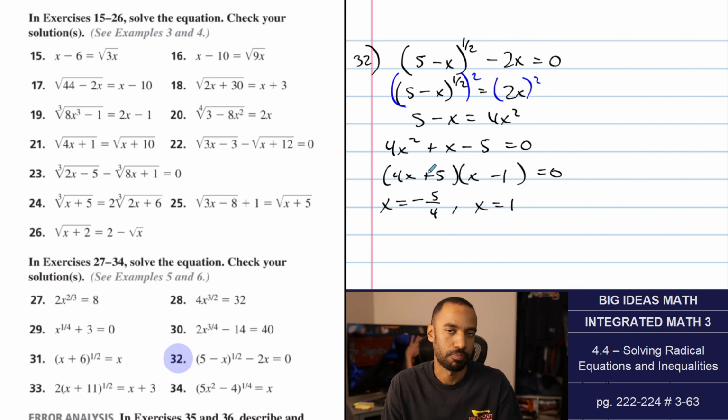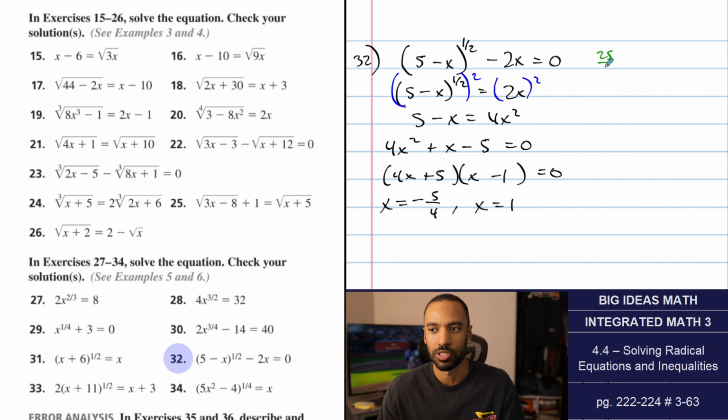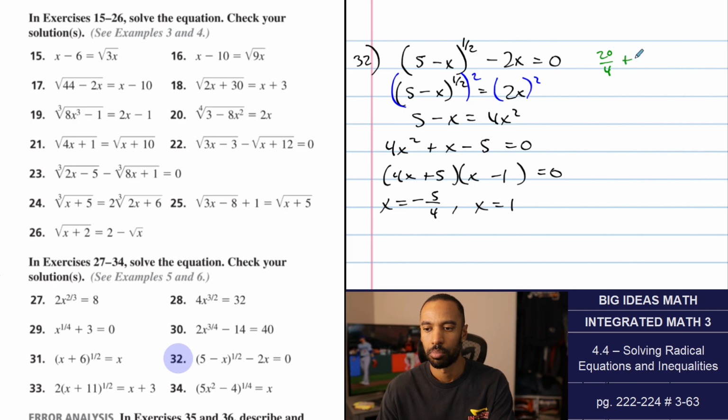Negative 5/4, I don't know, likely to go kerplunk. I might have to write this out. So, wait. 5 plus 5 fourths is 20 fourths plus 5 fourths. We're subtracting negative 5 fourths.